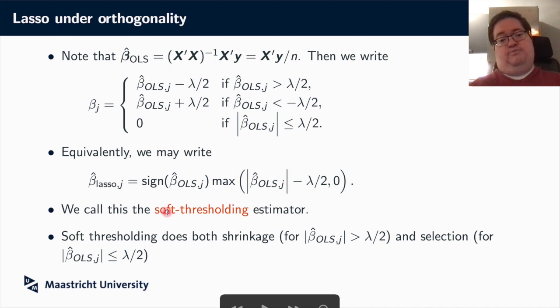The soft part comes from the fact that we don't just threshold, right? So this is the thresholding step, but also when we don't threshold, we still move it towards 0, so we shrink towards 0. We can also write that in this form, so if you write out the cases you can see that this form is equal to that form. So we do both shrinkage and selection.